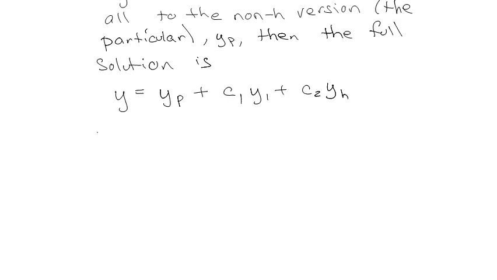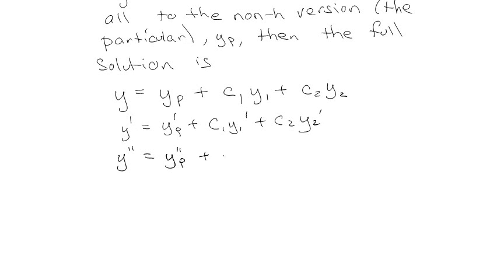So if I have this, clearly y prime is y_p prime plus c1 y1 prime plus c2 y2 prime. It's not a very crazy prime. And then y double prime is just the same things double prime because they just have constants. This is kind of a boring thing to write, but we'll write it anyway.